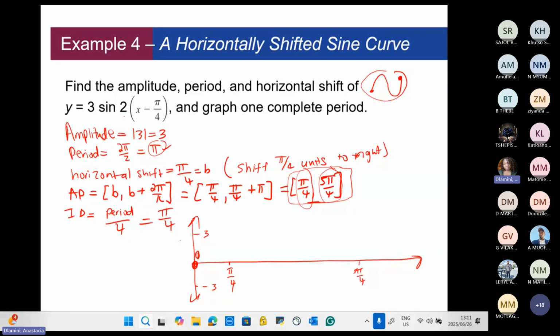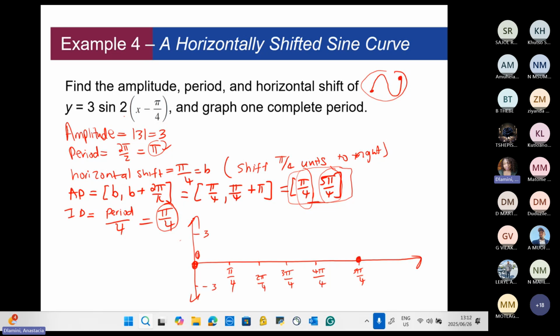How do I move? I move with this ID. So pi over 4 plus pi over 4 is 2 pi over 4, plus another pi over 4 is 3 pi over 4, plus another pi over 4 is 4 pi over 4, plus another pi over 4 is 5 pi over 4.